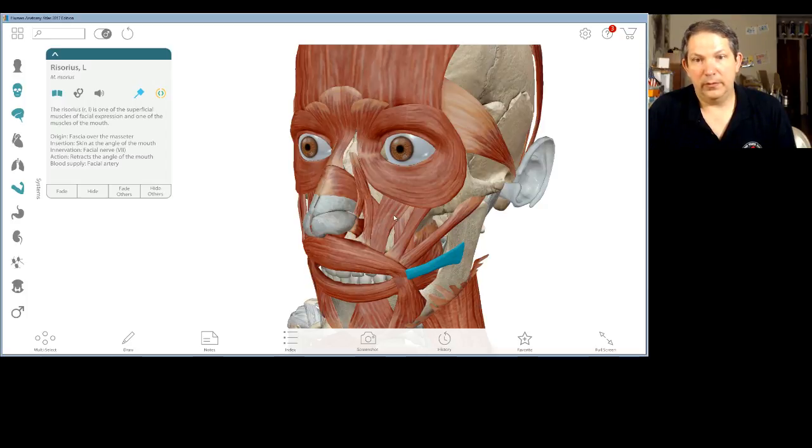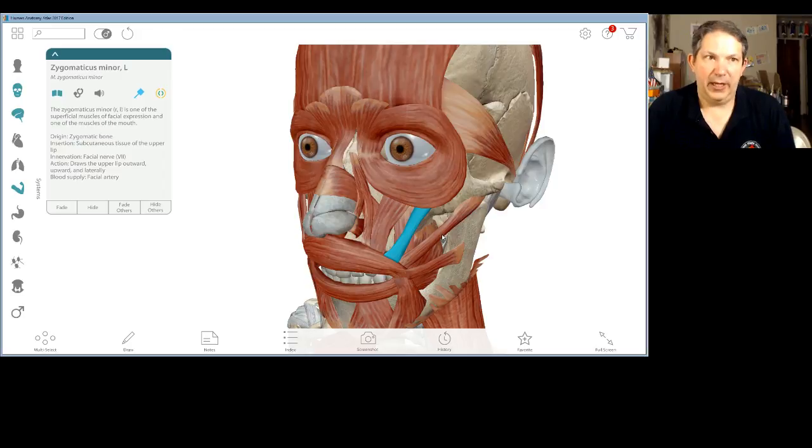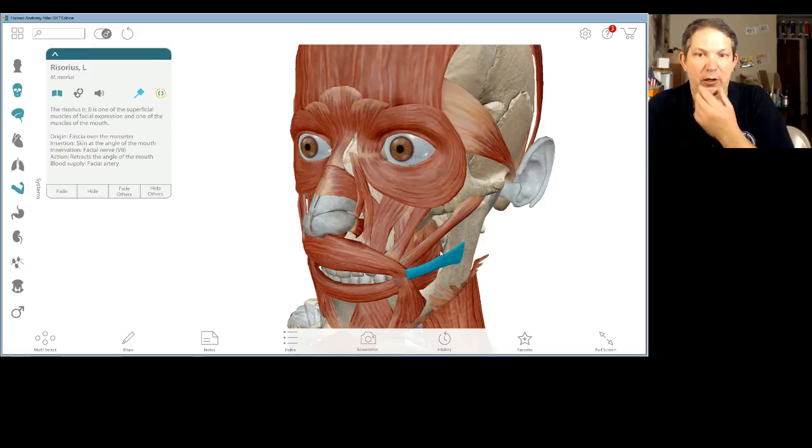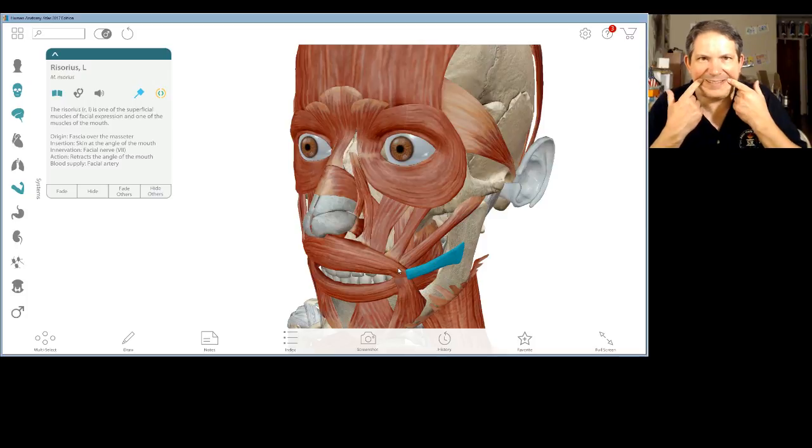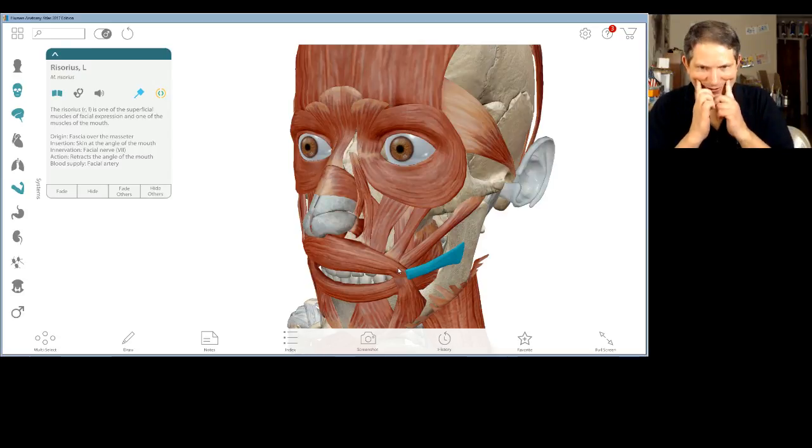So levator labii, zygomaticus minor and major, and the risorius are all involved in smiling, and you can see that the risorius is going to pull the skin at the edges, and the levator is going to lift, and the zygomaticus is going to go that direction. You can just kind of see the direction that they're pulling.